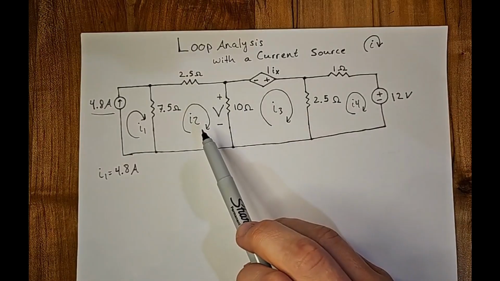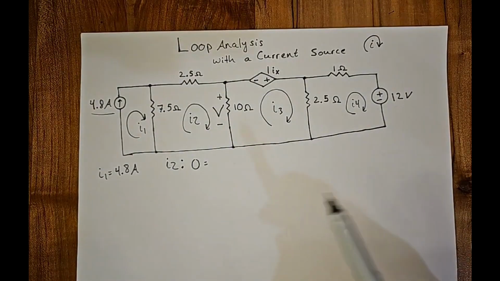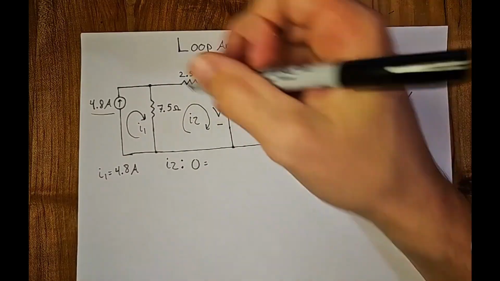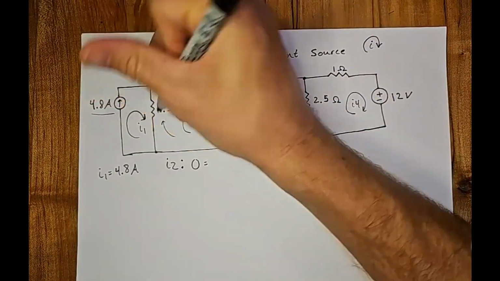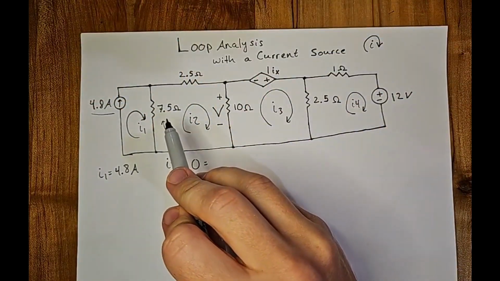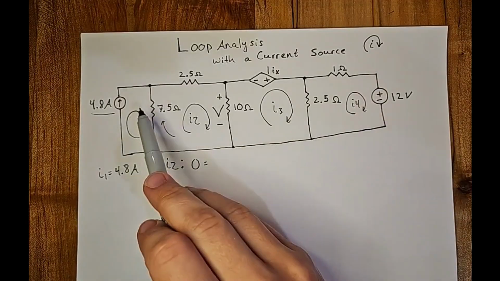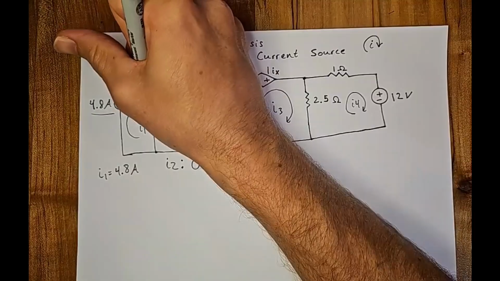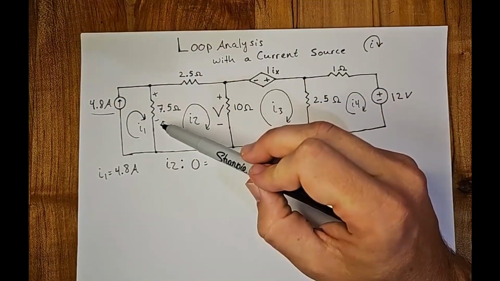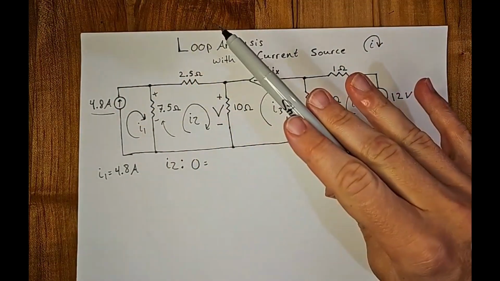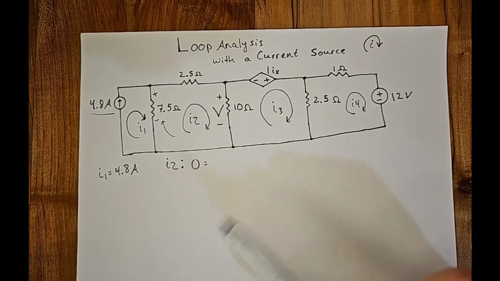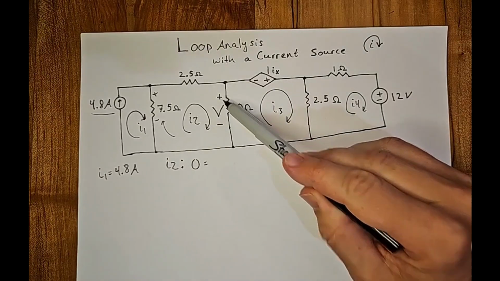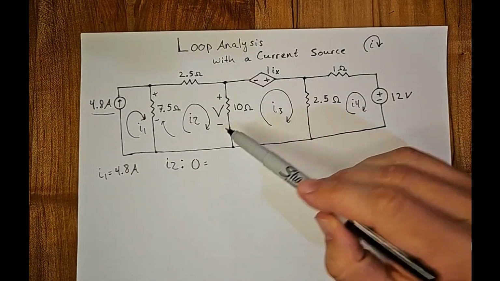Now, let's evaluate I2. So we're going to start with 0 equals, and we're going to go around the loop the direction we're pointing. First, we come to the 7.5 ohm resistor. Also, just to make things easier, let's go ahead and mark our resistors: plus on top, minus on bottom. It doesn't matter which way you do it, just be consistent throughout. They already gave us that the voltage here is positive on top, negative on the bottom.